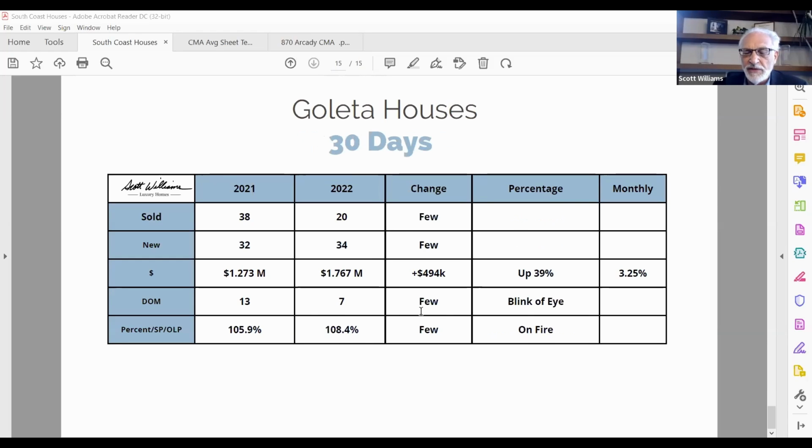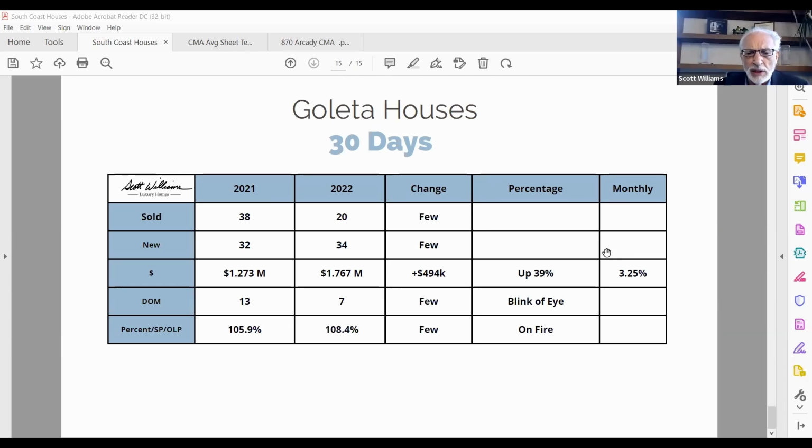You can see the differences as you look across town at different areas. Again, the last 30 days, plenty of evidence that it's slowing down. We have almost half as many sales, but on 30 days, I always caution that we don't stand on these numbers, because there's very few homes being sold. They're still up over 3%.